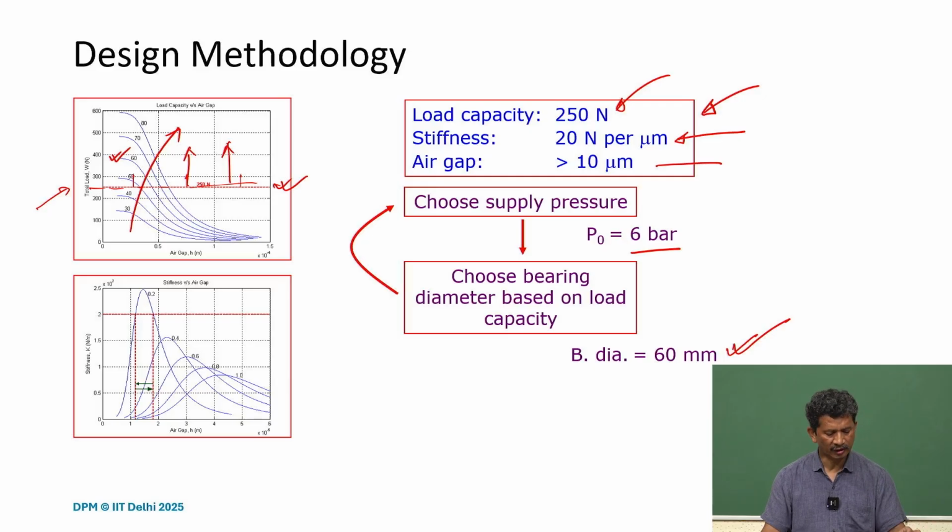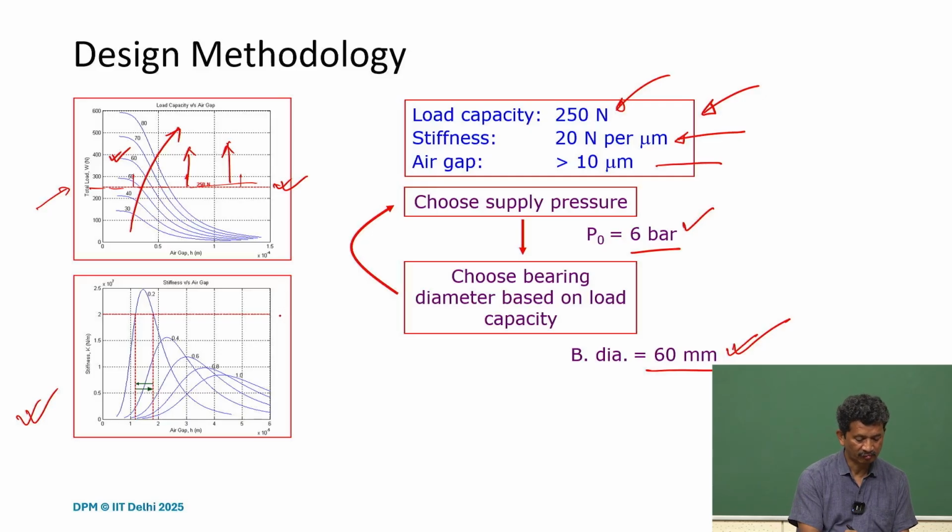So now looking at the stiffness plot for this, for suppose 60 millimeter, if you take this supply pressure, and again we plot for different orifice diameters, we're talking about these stiffness values.